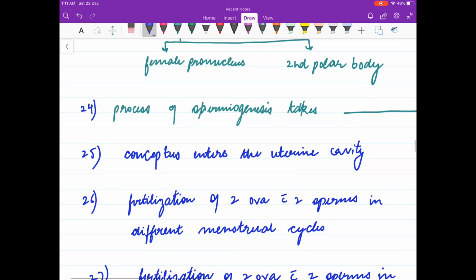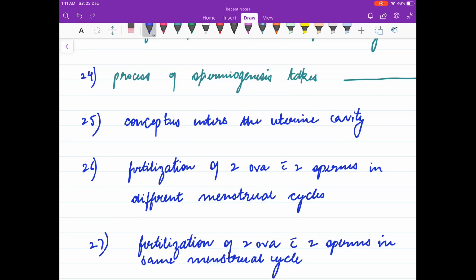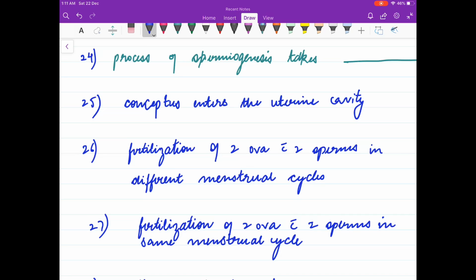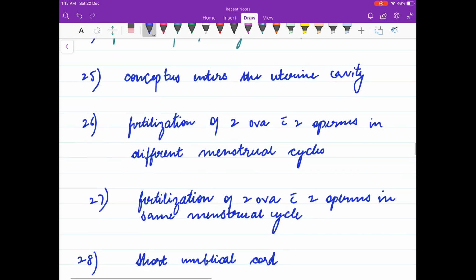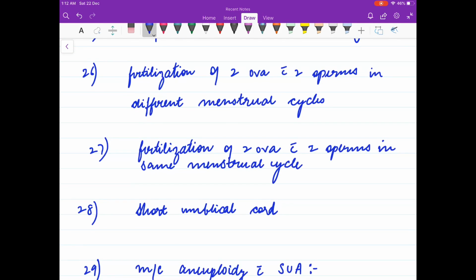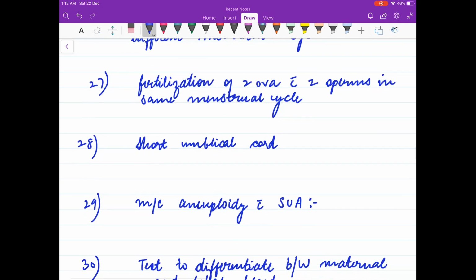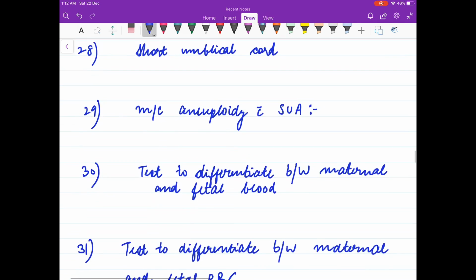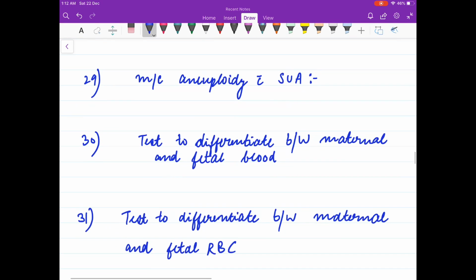Process of spermiogenesis takes place in how many days? Conceptus enters the uterine cavity as? Fertilization of two ova with two sperms in two different menstrual cycles is called as? Fertilization of two ova with two sperms in the same menstrual cycle is called as? Short umbilical cord?